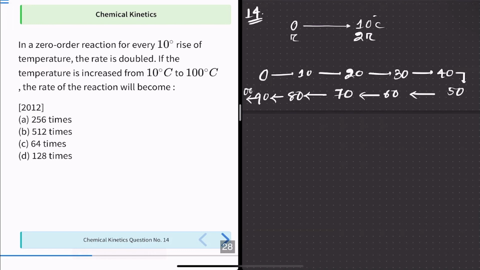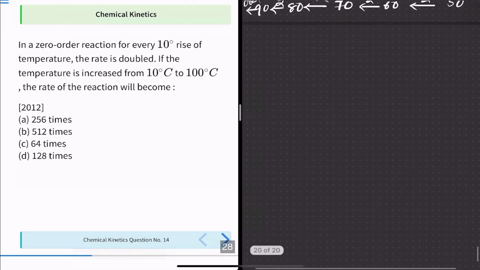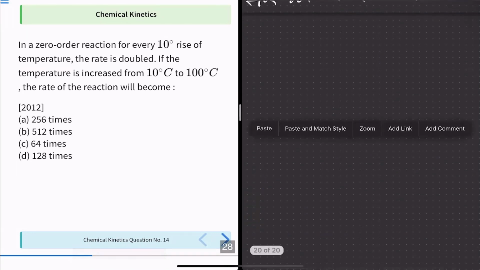But it is starting from 10. So here it would be doubled, here it would be doubled, here also. 1, 2, 3, 4, 5, 6, 7, 8, 9. It would be doubled 9 times, means 2 to the power 9 times.